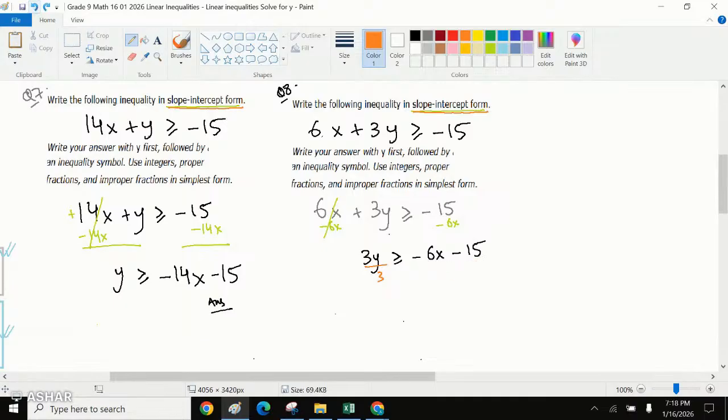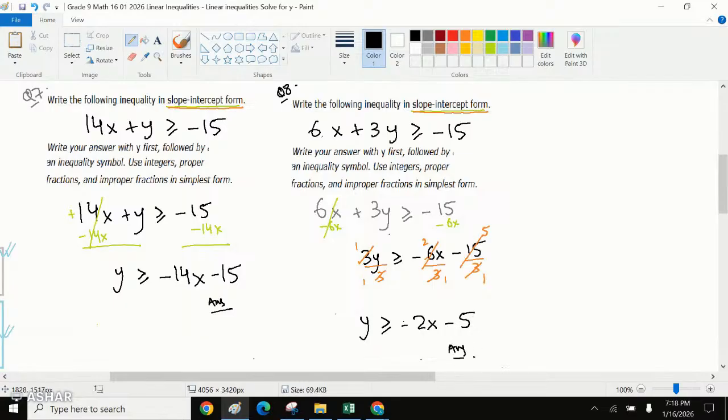Or what I can write is, if we are dividing all the numbers by 3, 3 times 1, 3 ones are 3, 3 times 2 is 6, 3 times 1 and 3 times 5. So can I say my simplified inequality would be written as y is greater than or equal to minus 2x minus 5. And this is my answer.